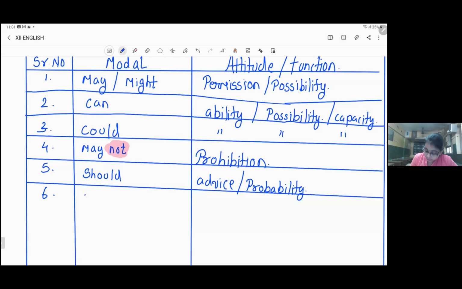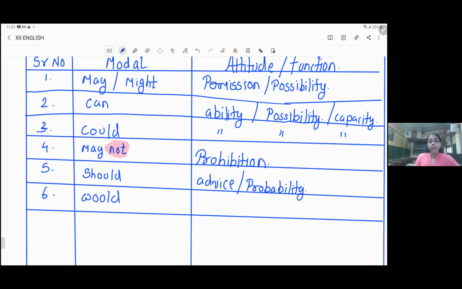Sixth, would. Now would, when I'm using would, when some habitual action is already created in the past, right?